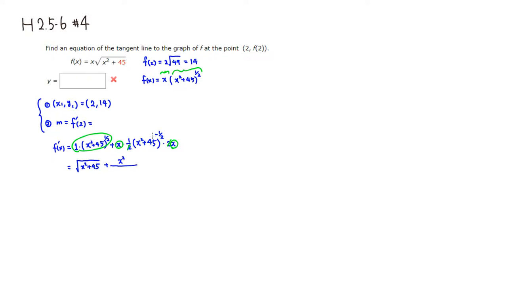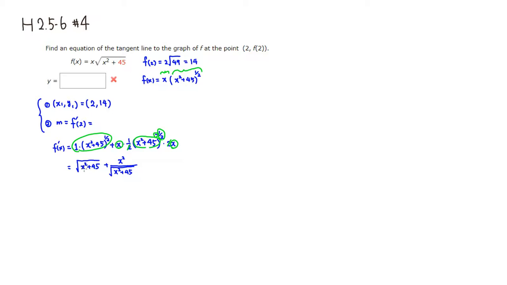Then you have a negative power, which means that x squared plus 45 goes downstairs. The 1/2 power turns into a square root, so I'm going to put the square root around x squared plus 45. Now we just have to evaluate that at x equals 2.